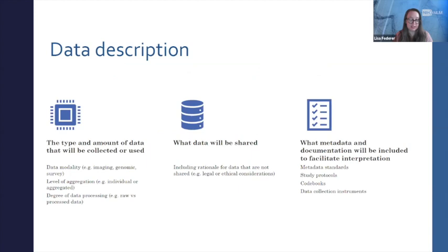So the data description will involve a description of the type and amount of data that is going to be collected or used, and as well what data will be shared, including rationale for data that are not shared, which we'll talk a little bit more about. As well as a description of what metadata and documentation will be shared. So things like what metadata standards will be used, how crucial documentation like code books or study protocols will be shared.